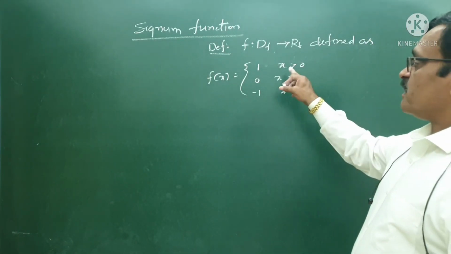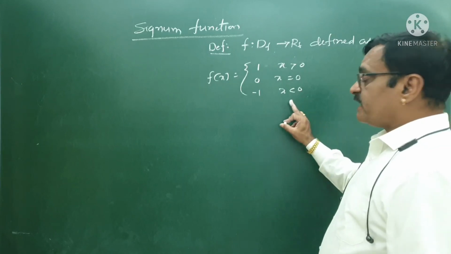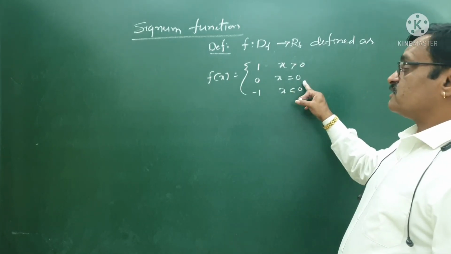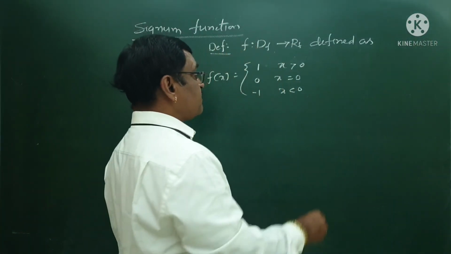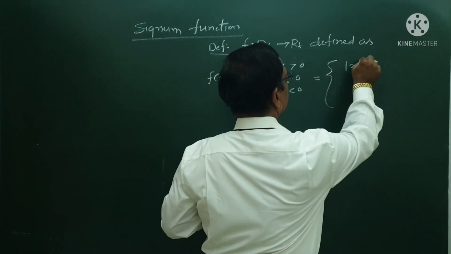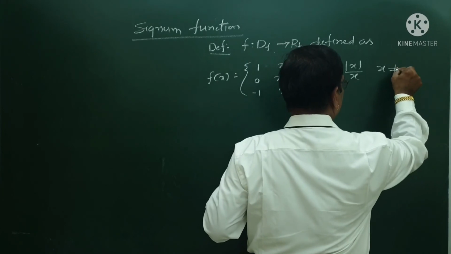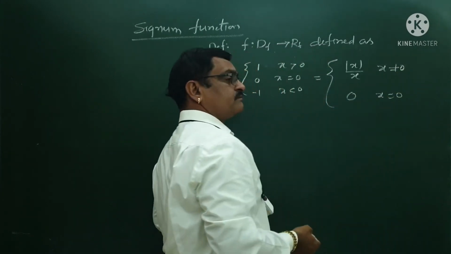When the input is a positive real number, output is 1. When input is a negative real number, output is minus 1. When x is equal to 0, output is 0. And it can be written as mod x by x when x is not equal to 0, 0 when x is equal to 0.